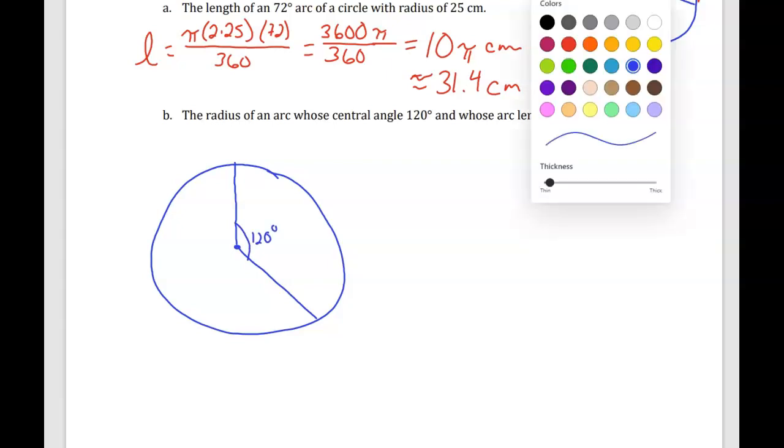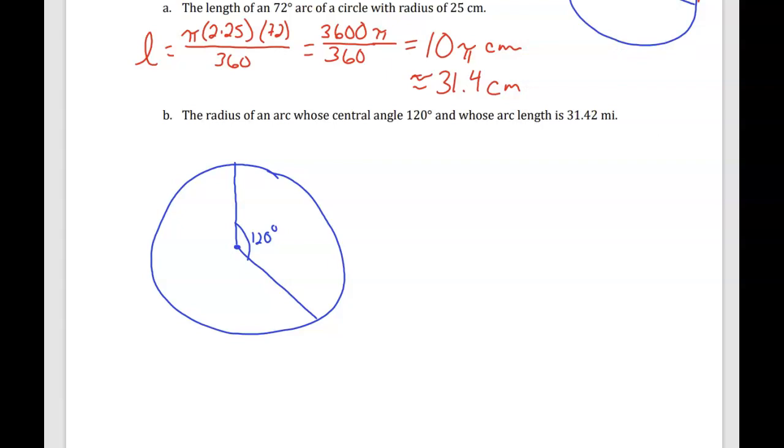We know the arc length right here, from here all the way to here, is 31.42 miles. That's a pretty long ways around the circle. We want to know this. We want to know the radius.